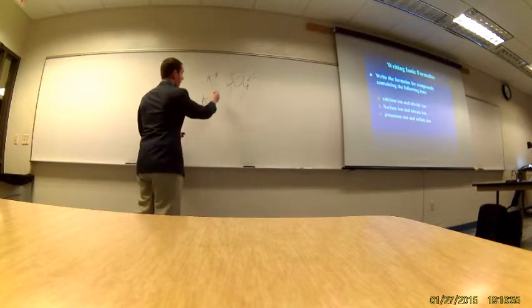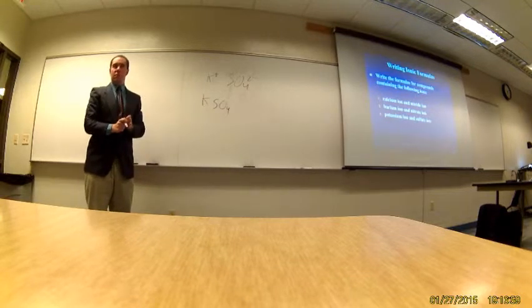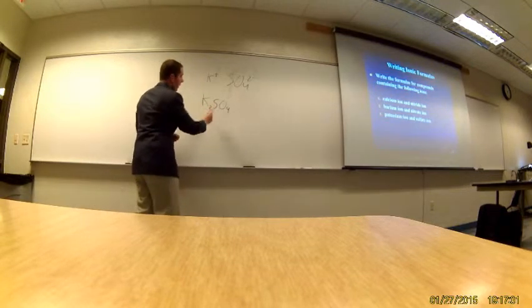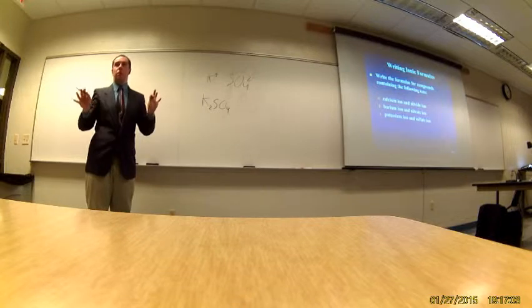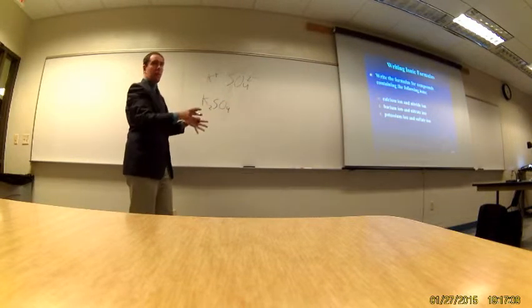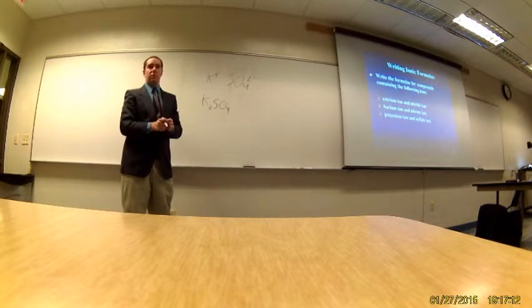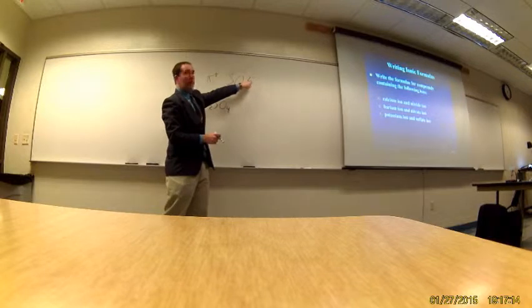So I have K, SO4 is my starting point. So K2SO4. Done. There's one SO4, because of the 1, but because it's 1, there are no parentheses. The 2 came from there.